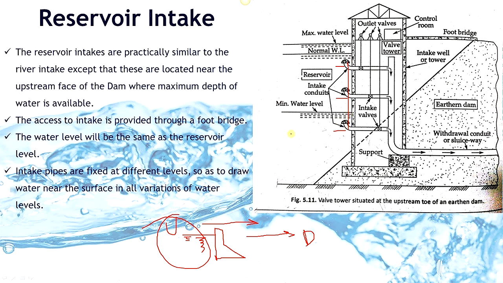If water is available at this level, then it can be withdrawn through this first and second inlet pipe. This bottommost inlet will be kept closed because water available at the upper side will be cleaner, whereas as you go deeper the water will be muddy due to silt or sediment.